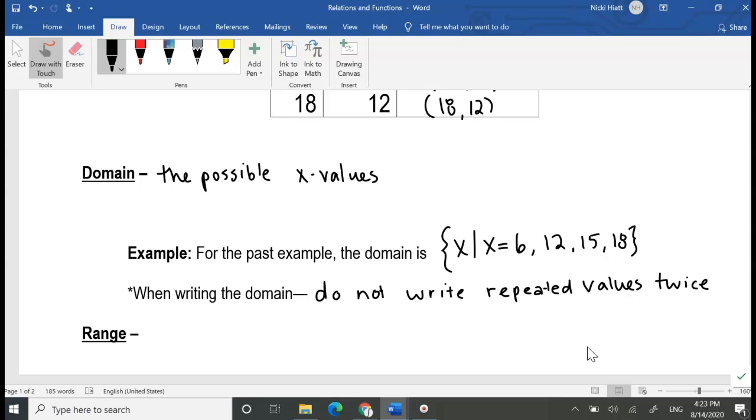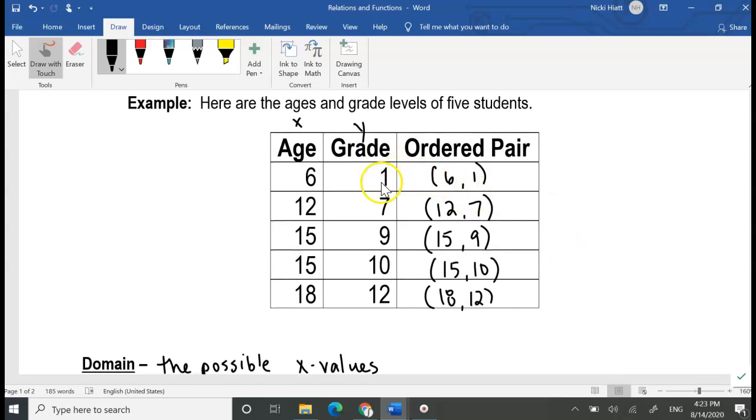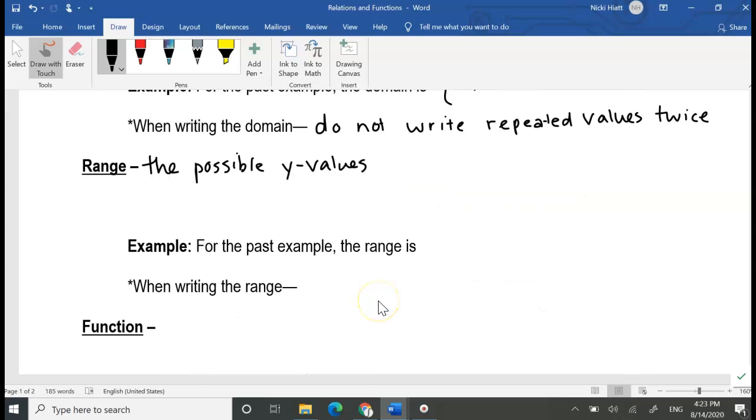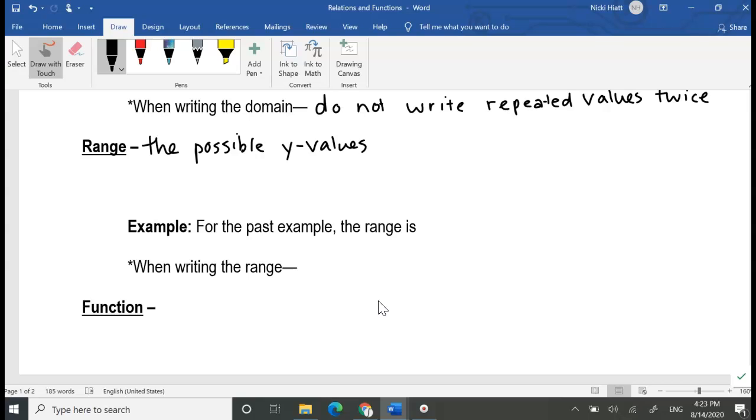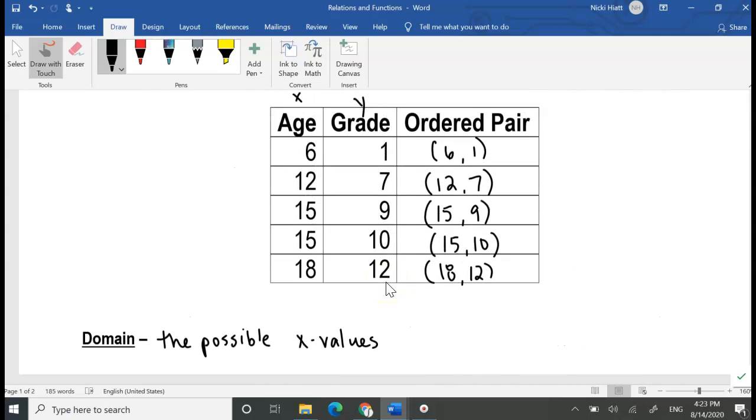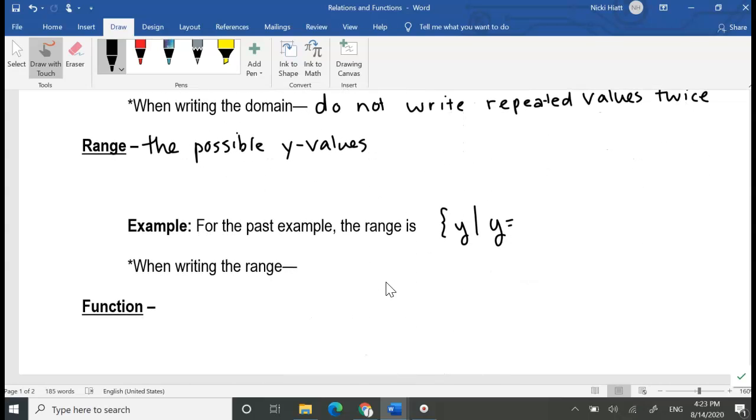Okay, the range of a function is the possible y values. If we look at the last relation, the possible y values are 1, 7, 9, 10, and 12. So the range is y such that y equals 1, 7, 9, 10, and 12.